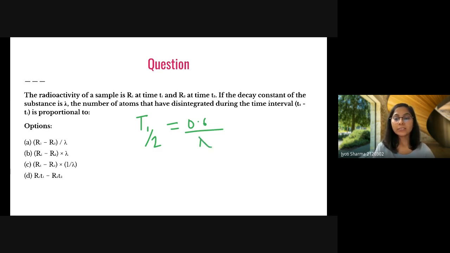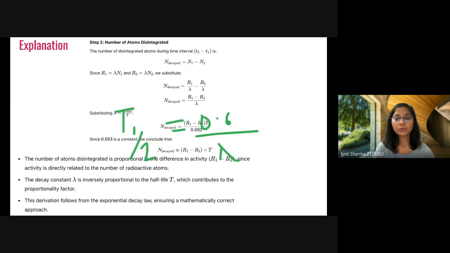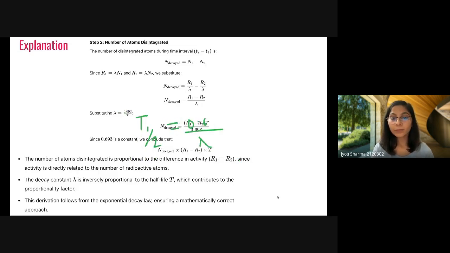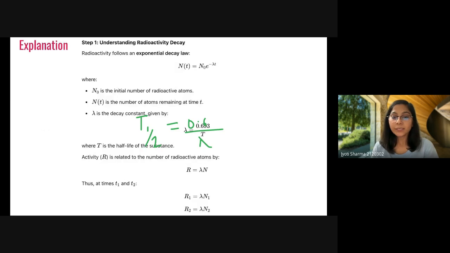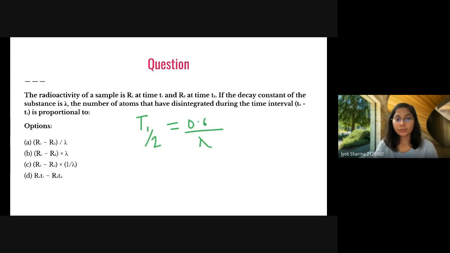In the last question, we had this half-life in multiplication, but the equation also says that half-life is equal to 0.693 upon alpha. Based on that, you can tell me the right answer for this question. So what will be the right answer?